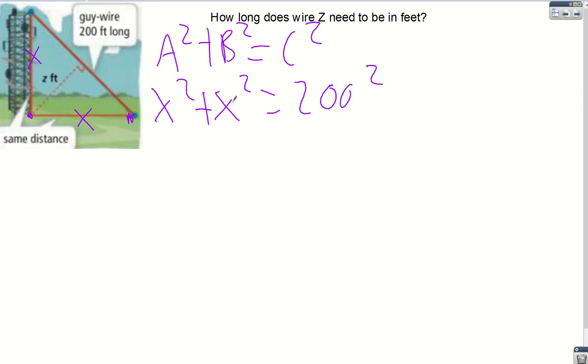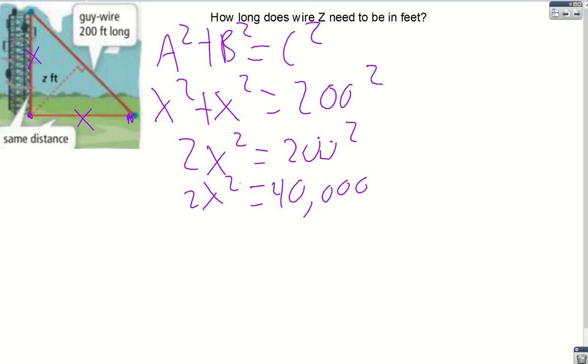When we are adding exponents, if they have the same base and the same exponent, which these guys do, we have 2 x squareds going into this. Then we can square the 200 and get 40,000. Now we can solve for x. So divide by 2, divide by 2. X squared is equal to 20,000.